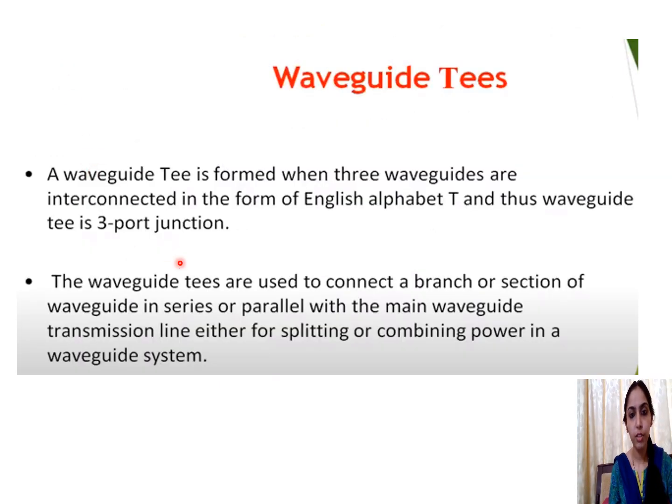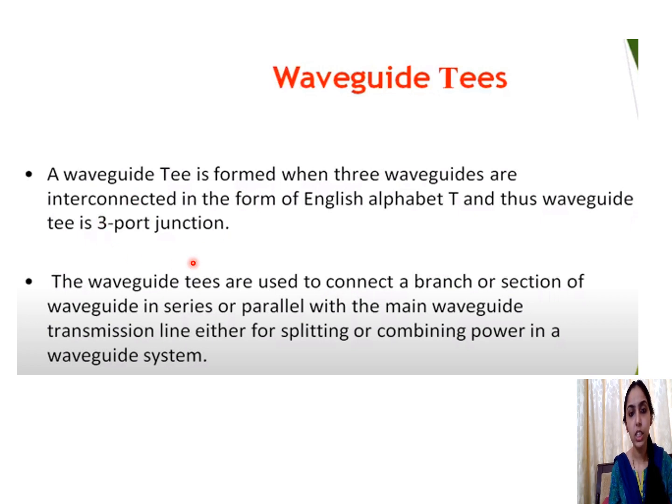Now we are going to define what a waveguide T is. A waveguide T is formed when three waveguides are interconnected in the form of the English alphabet T, and thus a waveguide T is a three-port junction.